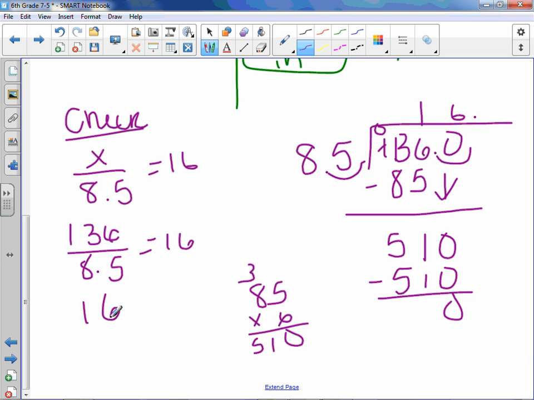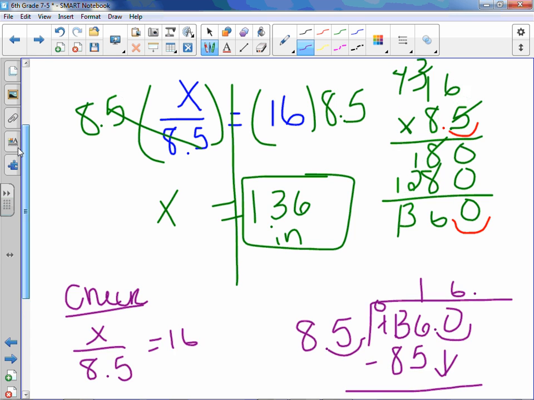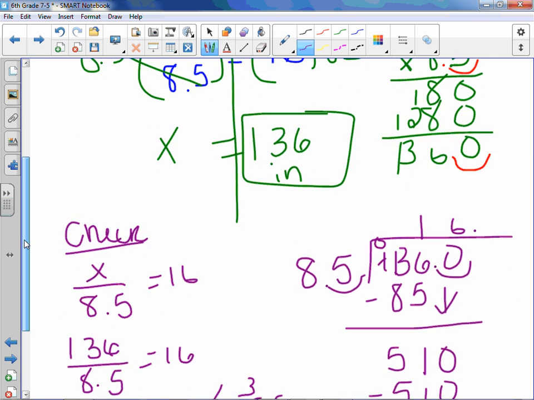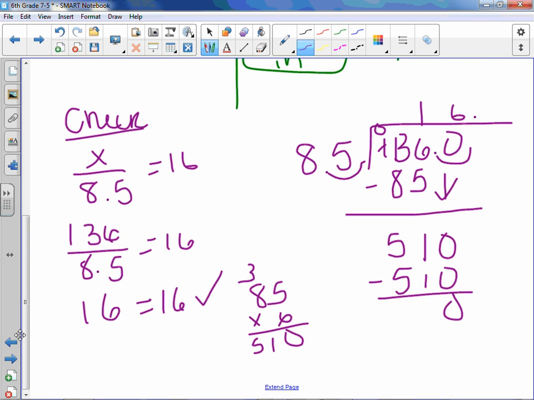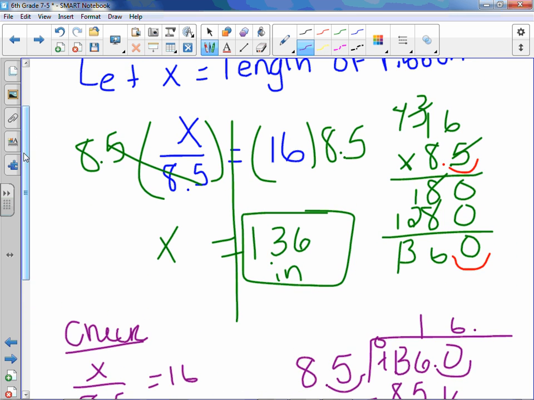So this is a perfect example of why we need to do our checks. So I found my mistake and then I went through and fixed it so that I did get the correct answer this time. So it's 136 inches.